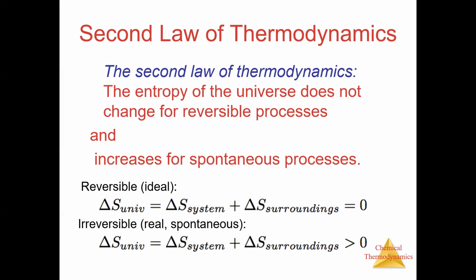for a reversible process. Now, for an irreversible or spontaneous or real process, the change in entropy of the universe, that is of the system and surroundings, is positive, greater than 0.